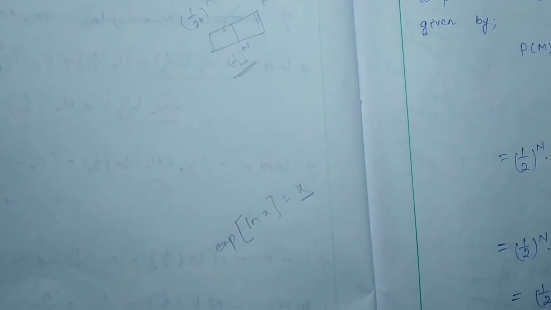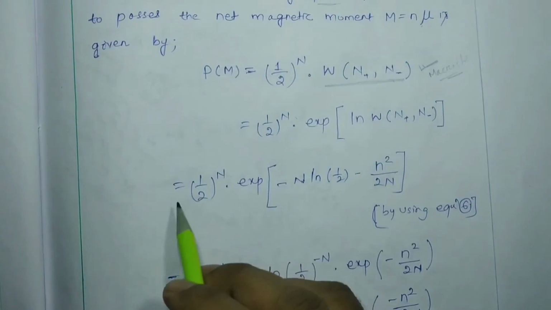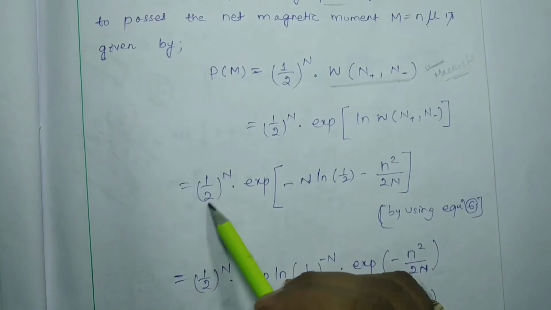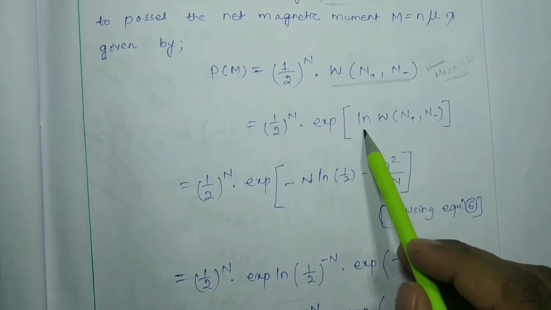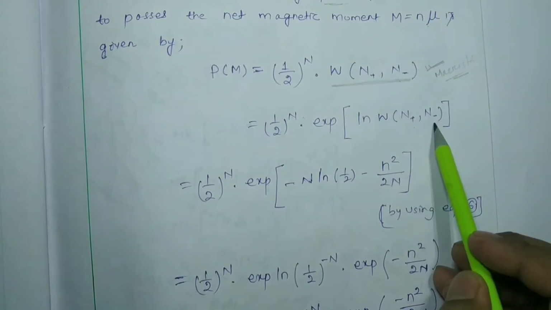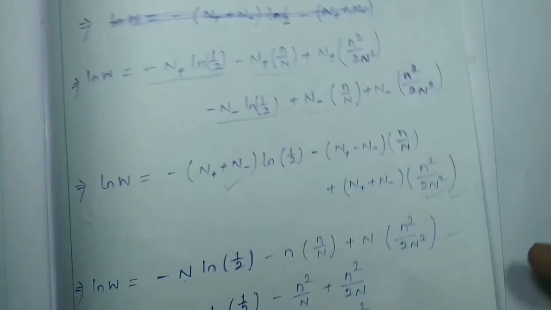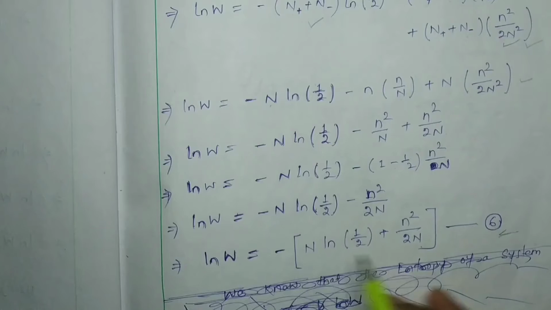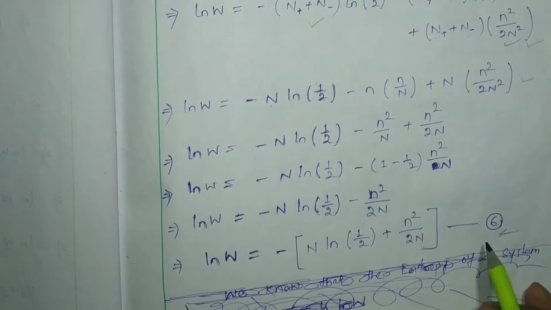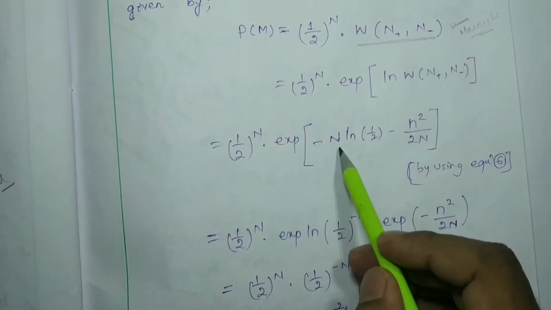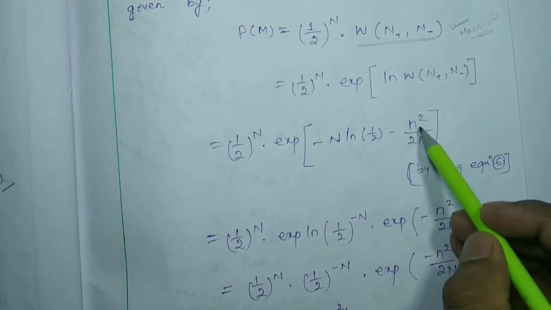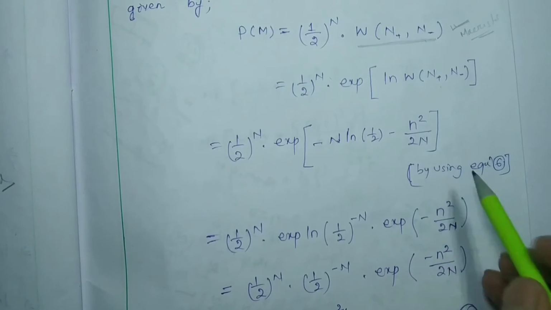So it is equal to 1 by 2 to the power N times exponent of this ln W(n plus, n minus), which we evaluated in equation number 6. This value I am going to substitute over there. So it will be minus N ln 1 by 2 minus small n square by 2N, by using equation 6.